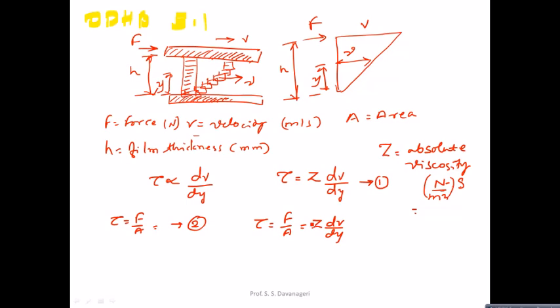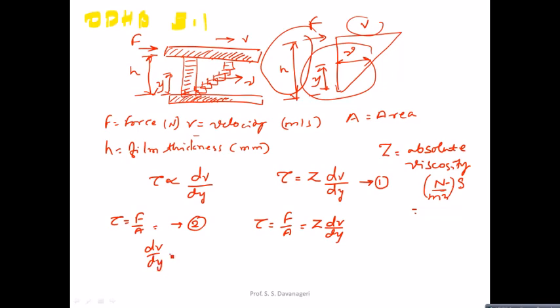Now by equation number 1 and 2, the shear stress tau is F by A or Z into dV by dy, that is velocity gradient or rate of change of velocity.